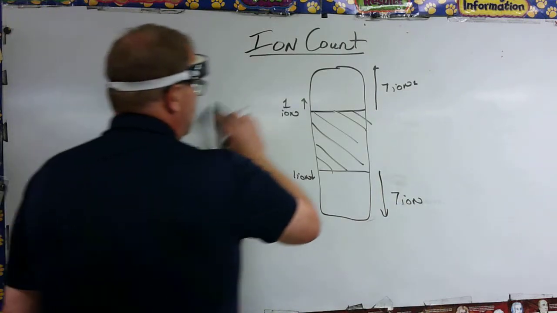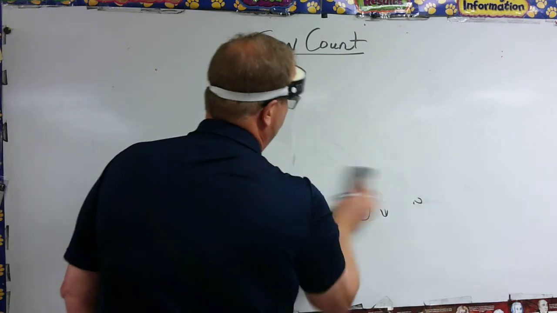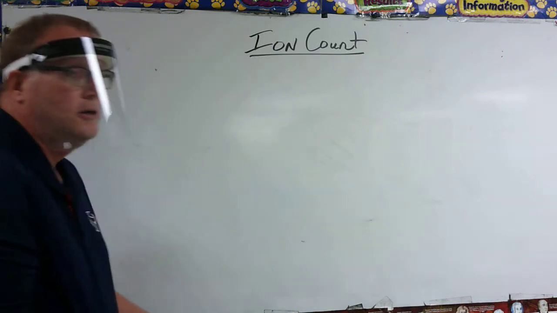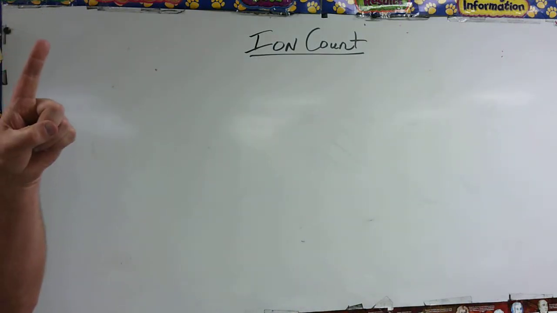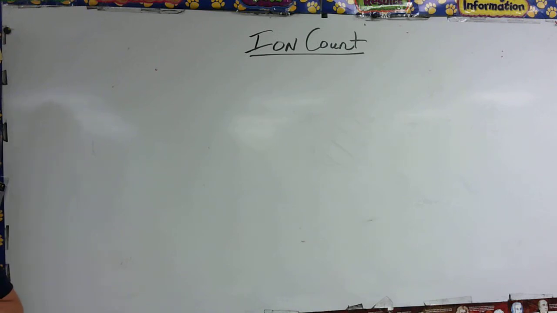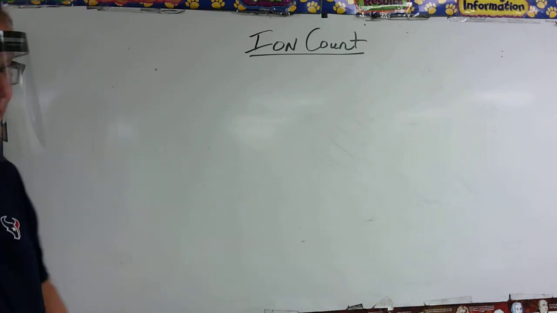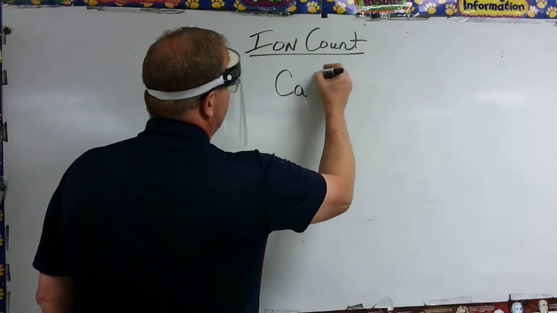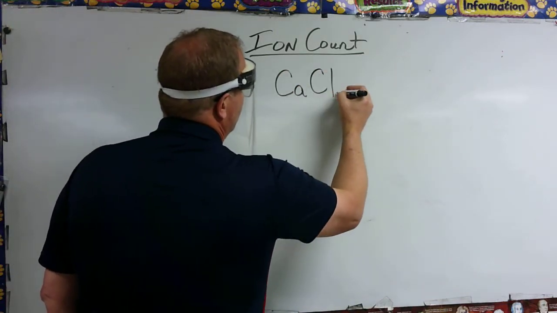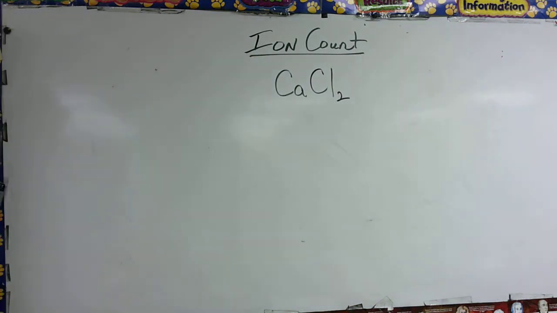Okay. Now the next question is, how do you count ions? You're going to look at 2 separate parts. You're going to be doing your positive ions and your negative ions. It is actually quite easy. So let's say I have something like CaCl2. Well, I have 2 separate ions.